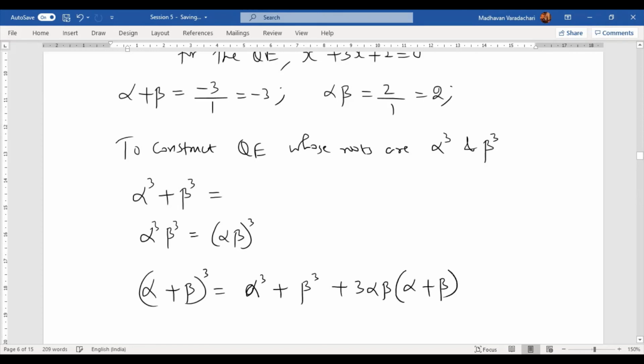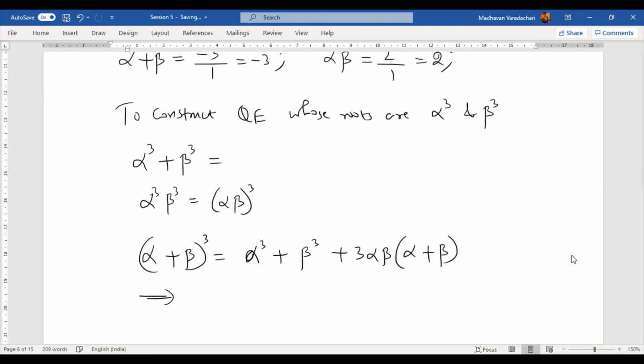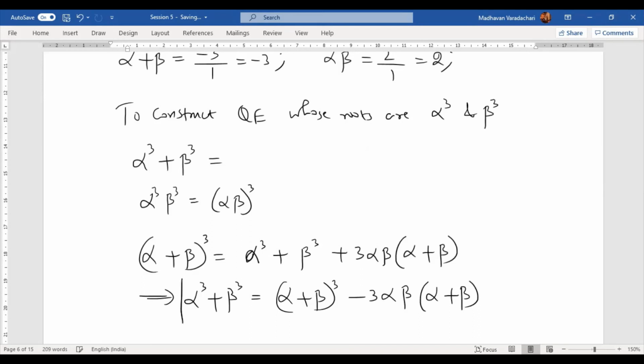That is the expansion for a plus b the whole cube, right? I can write it like this. That means I can rewrite this as alpha cube plus beta cube is nothing but alpha plus beta the whole cube minus 3 alpha beta into alpha plus beta. So this I'm going to substitute over there on the top.